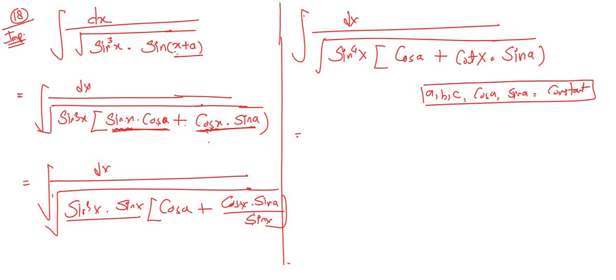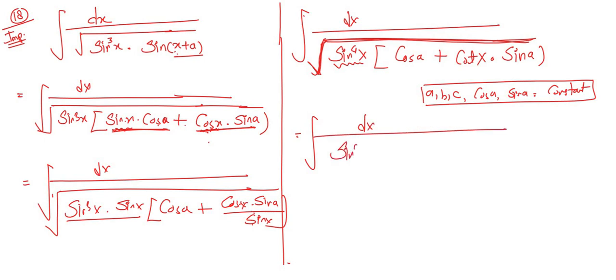Now, sine raised to power 4 can come out of under root. Yes or no? It can come out of under root. So it will become sine square x and under root this, which is cos a plus cot x into sine a.